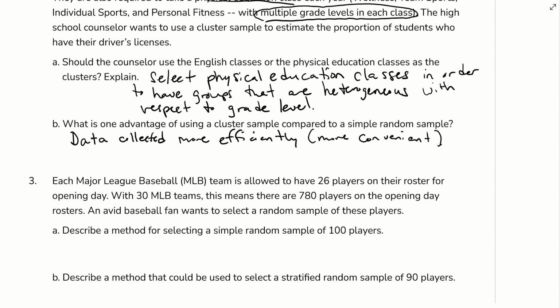Remember, cluster sampling does have that element of randomness as well. In this case, since it's based on proximity, it's more efficient. So the counselor will only need to go to a few selected rooms. Again, we still have to randomly select the rooms, right? But at least when you go to that room, you could just sample every single student there. It's not like you have to go to every classroom and select some students, like a stratified sample.